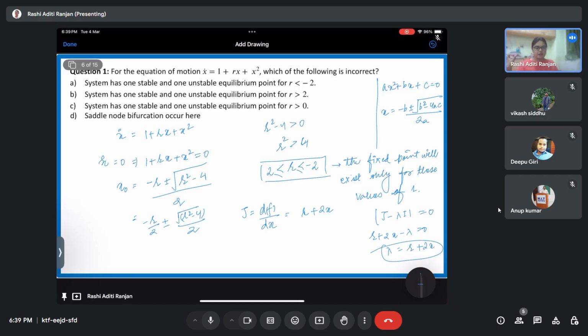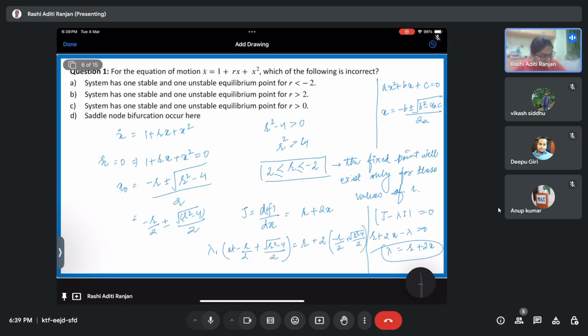So I'll first compute the first eigenvalue, at x equal to minus r by 2 plus under root of r square minus 4, by 2. What is it going to be? r plus twice of minus r by 2 plus root of r square minus 4 by 2.